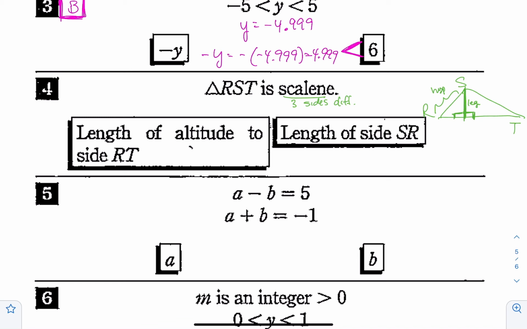However, that's not the only triangle that you can draw. You can have SR, for example, as the base.